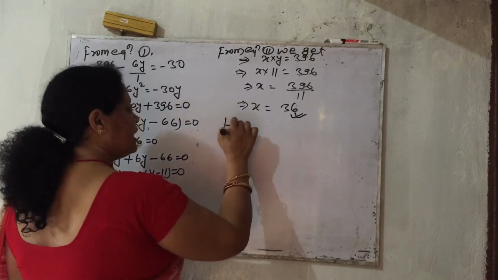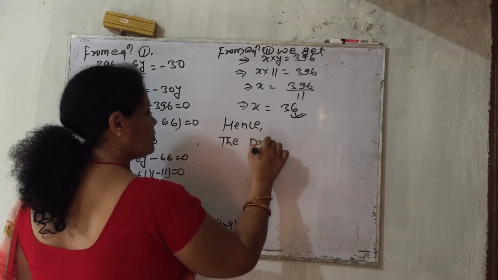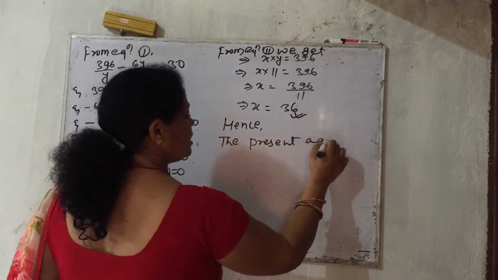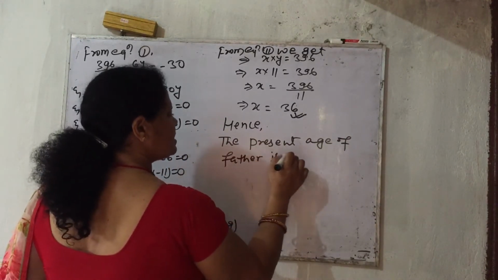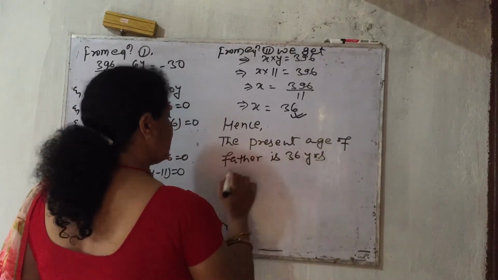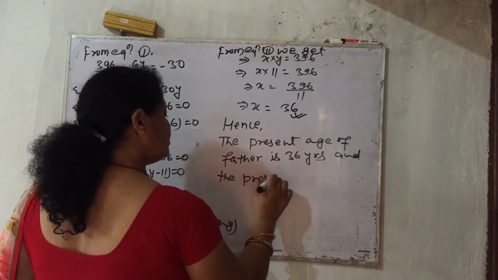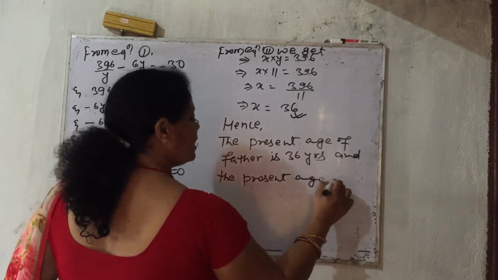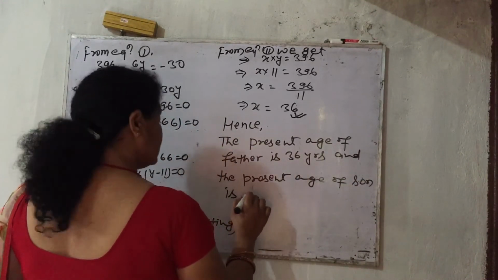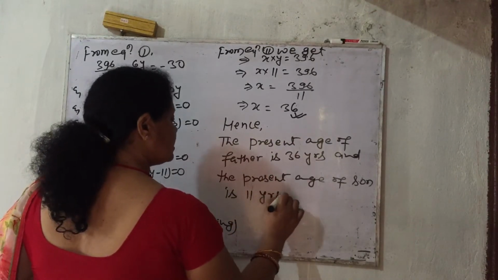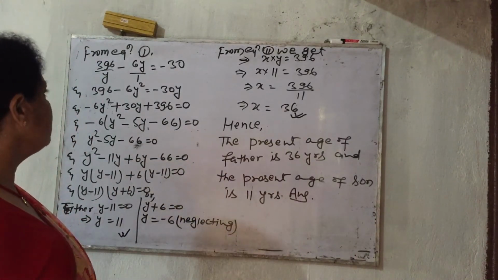Now write down, hence the present age of father is 36 years and the present age of son is 11 years. It is the answer, and we can check whether our answer is correct or not.